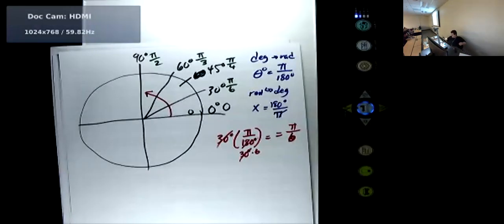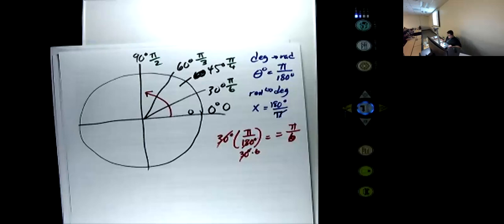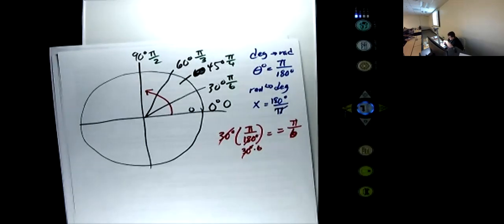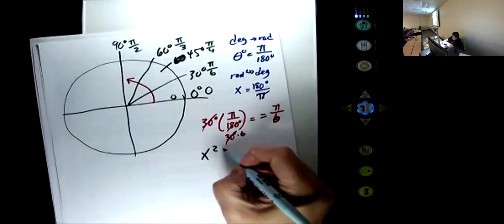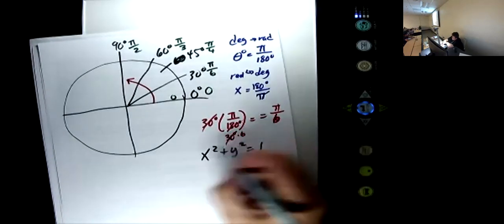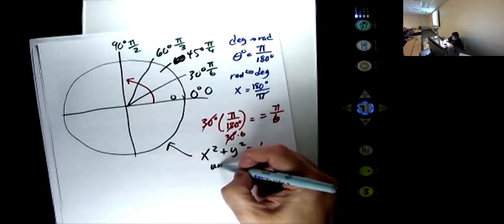What else did I want to say about this before we start using them? This circle here, that black circle, is x squared plus y squared equals 1. This is called the unit circle.